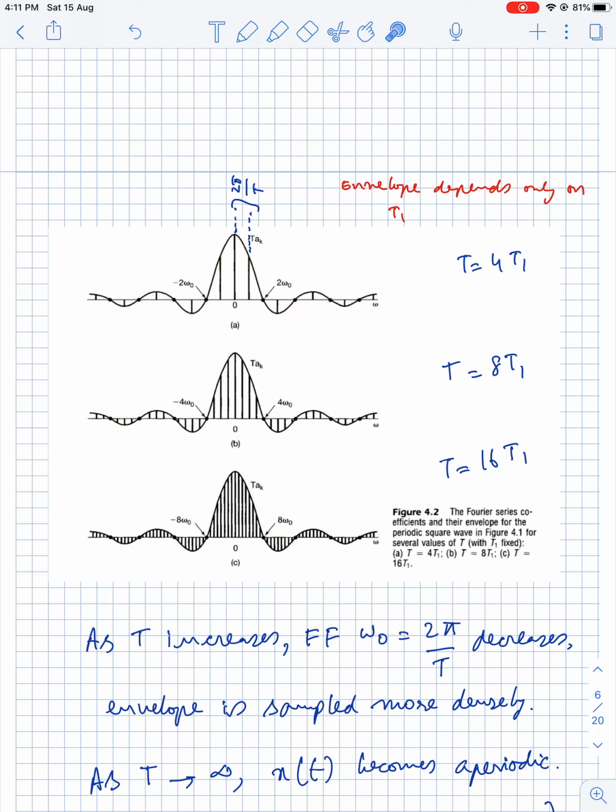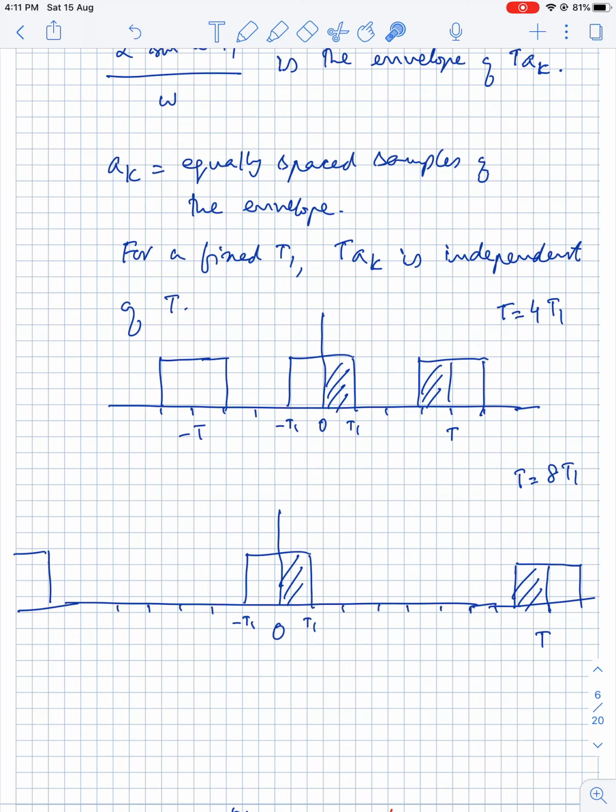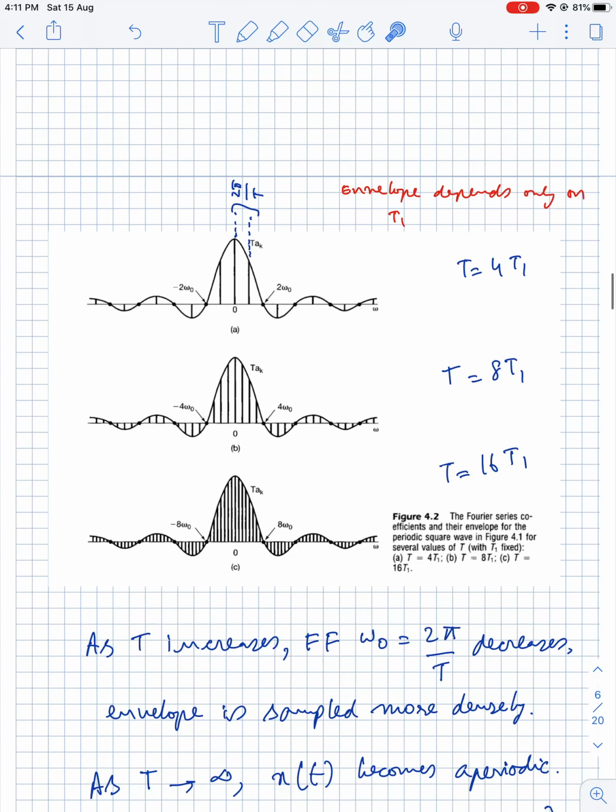Only thing is, when you get the Fourier series coefficients, T equal to 4T1, T equal to 8T1, and T equal to 16T1 are different periodic square waves, except that just the T1 part is common in them, but the periods are all different. So all of them will have their own Fourier series. You can see that the Fourier series coefficients here are nothing but, like we said, the samples of this envelope.